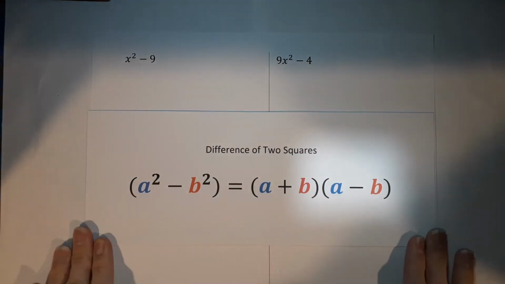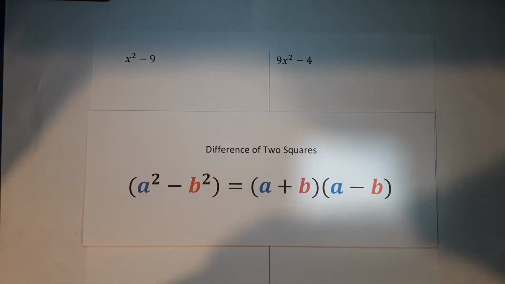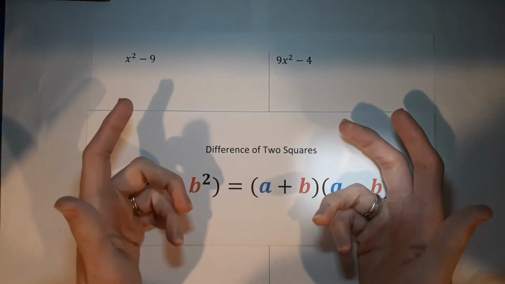The difference of two squares. We are factoring, right? To be honest, if you forget this after your test, it's okay. But don't tell anybody I said that, okay? Because all of these you can factor the way you've probably been factoring.